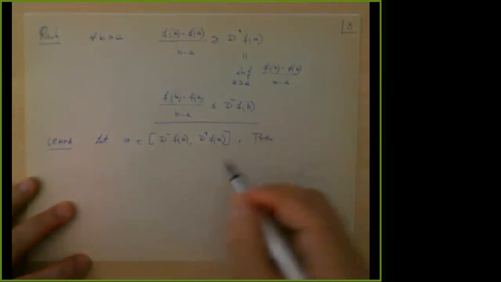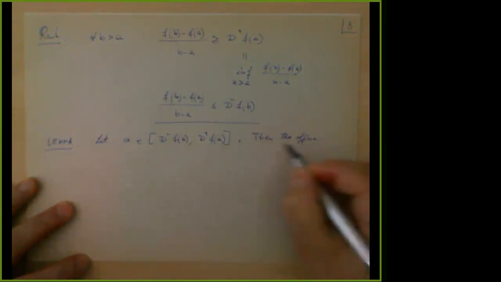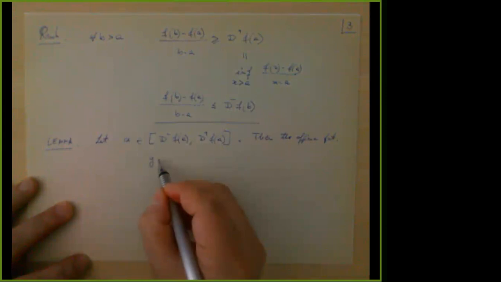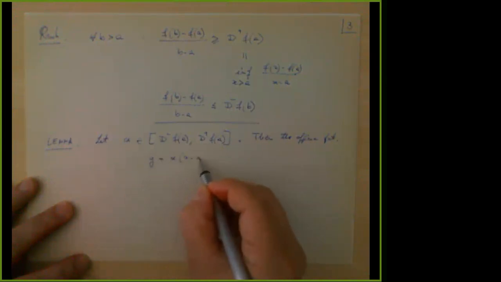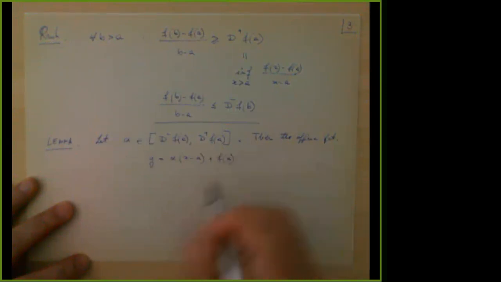Then the affine function, I should say actually the graph of the affine function, but I just write it like this, the affine function defined by y equal alpha times x minus a plus f of a, touches from below the graph of the function f at a.